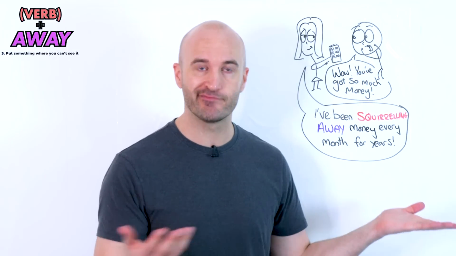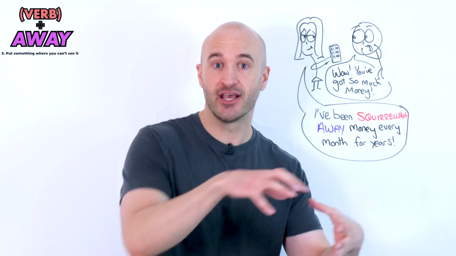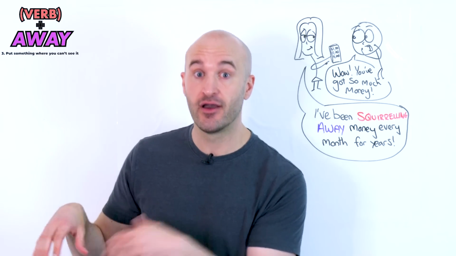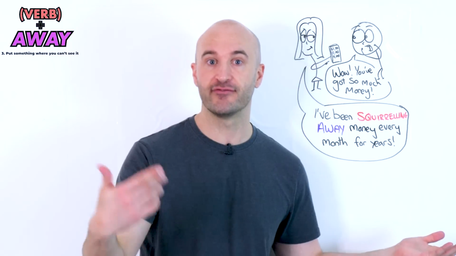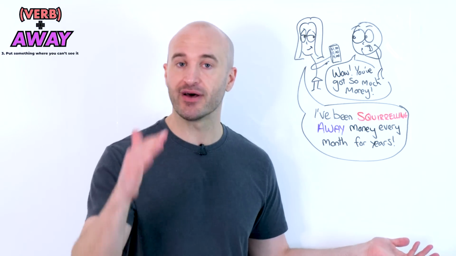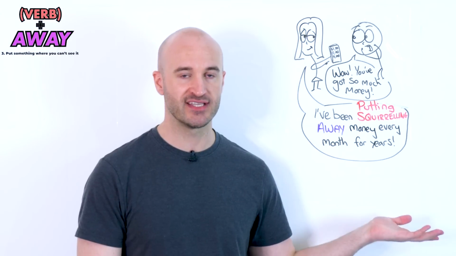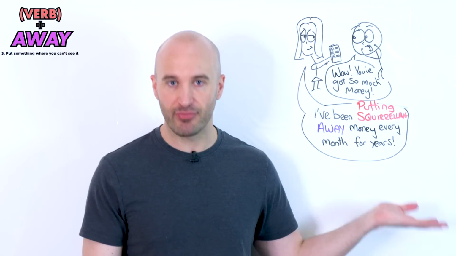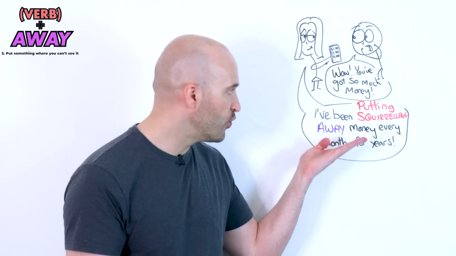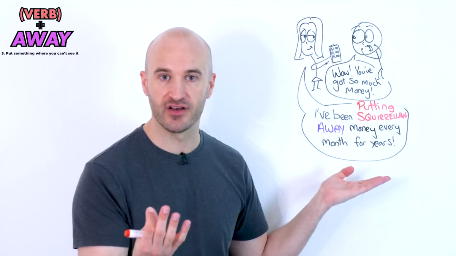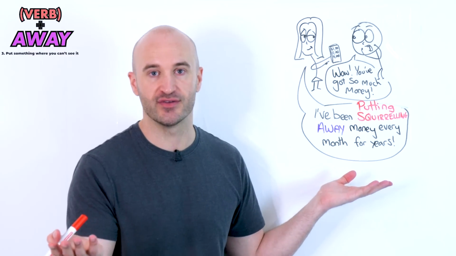So she has been, not hiding, but putting in a safe place money every month for years. More commonly, but definitely less cute, you could say, "I've been putting away money." They mean the same thing, but we all know which one is the more cute phrasal verb. So, which one do you want to use? But away can also mean do something in a relaxed way or for a long time.